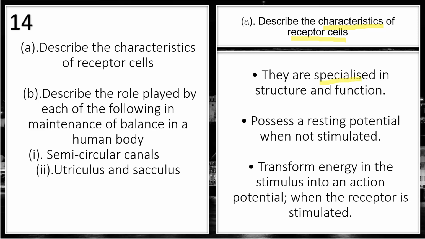They are specialized in structure and function. They possess a resting potential when they are not stimulated. They transform energy in the stimulus into an action potential when the receptor is stimulated.